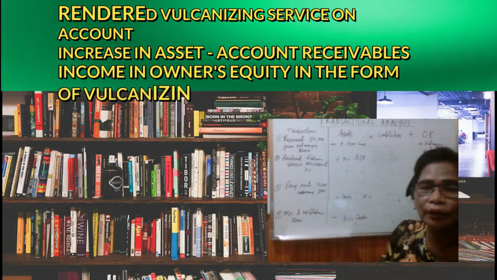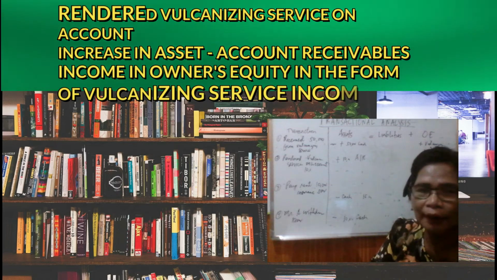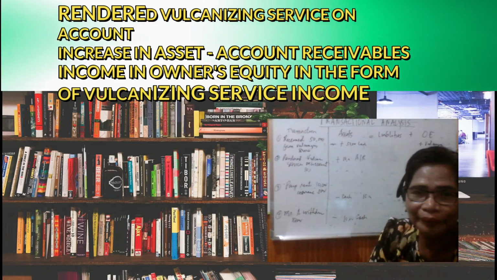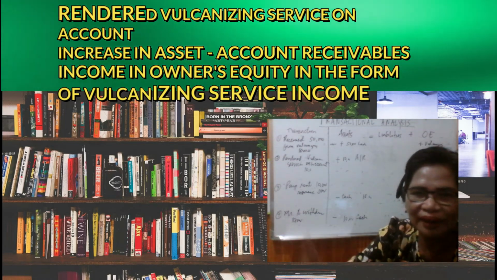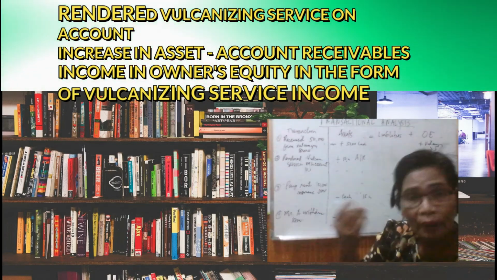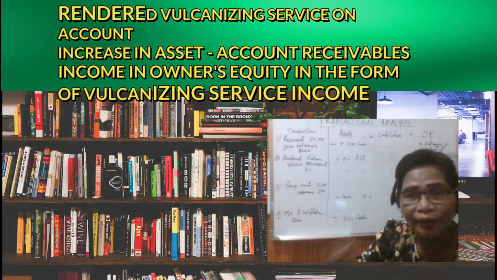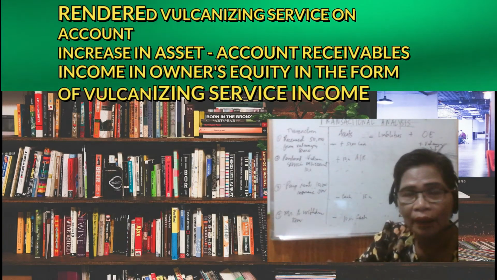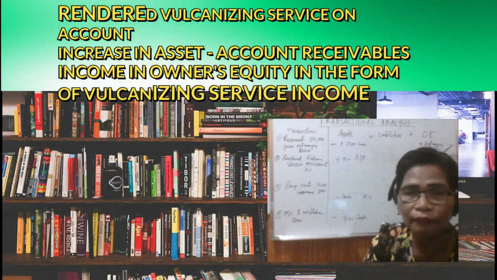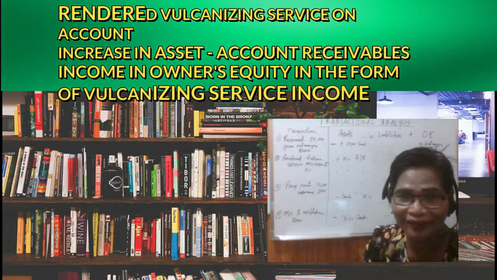Meaning to say the customer will pay, or the client will pay, on a later date. Maybe the client is his friend. Allowing or giving service on account is also a strategy of the business to increase its volume of transactions.